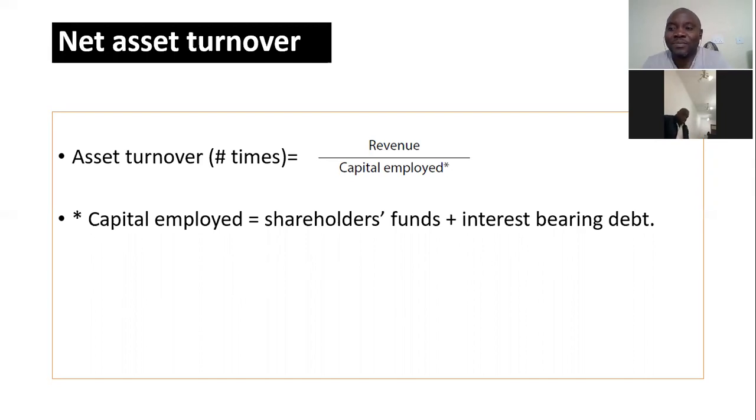It could be that the property, plant, and equipment that you have bought are technologically advanced to an extent that the current employees cannot fully utilize the machinery.